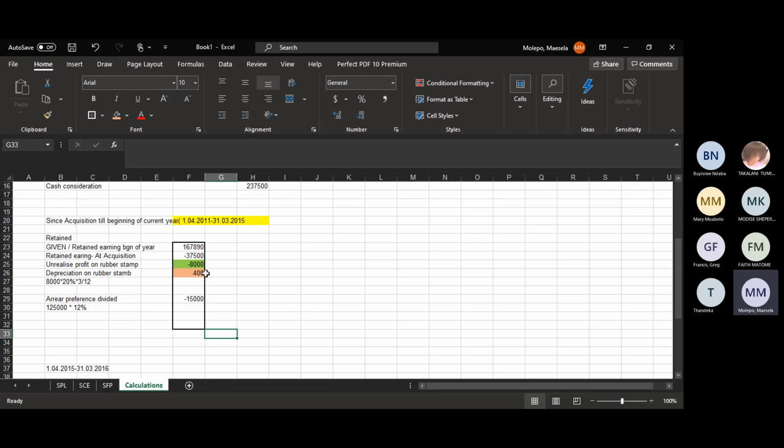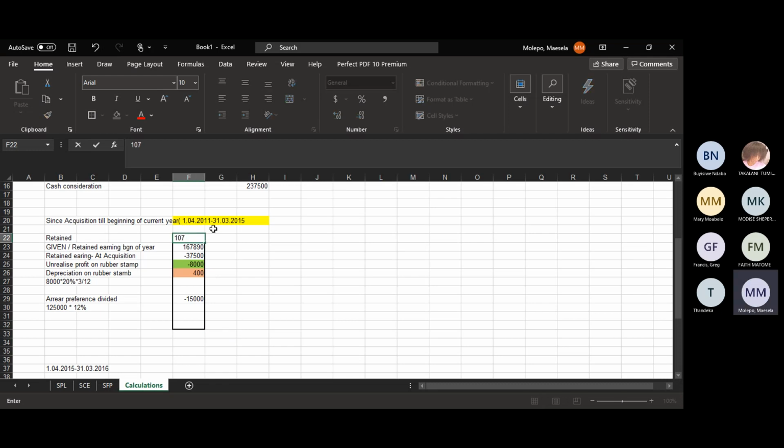You minus 8,000 for the unrealized profit. You add the 400 of the realization of the profit as a result of the depreciation, and then you minus the 15,000 that came as a result of the preference dividends not paid. So I get the amount of 107,790.